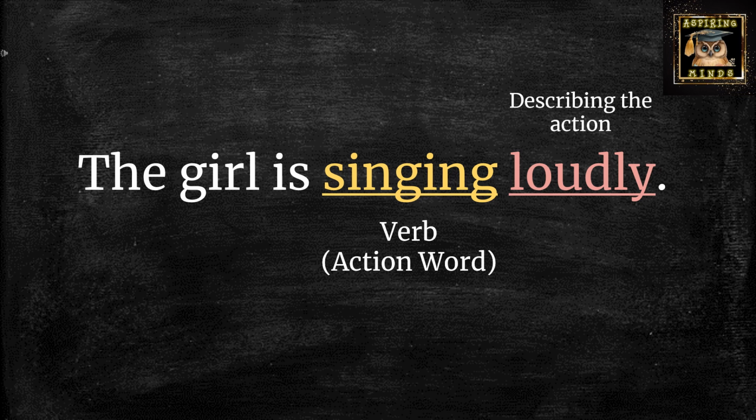What is the way in which it is described how she's singing? She's singing loudly. We could also use the words melodiously, sweetly to describe the song or the way the girl is singing. So this way of describing the action is known as adverbs. And do you know, you have already learned by now, just in the very beginning, what adverbs are.